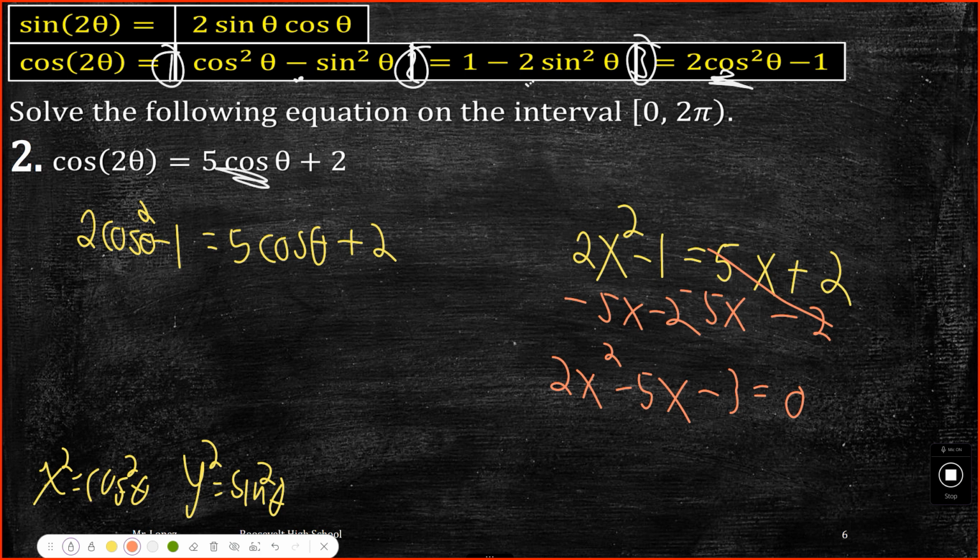So here, where x is cosine, we get 2 cosine squared theta minus 5 cosine theta minus 3 equal to 0. You could do the x there, or you could do the x here. It doesn't matter.